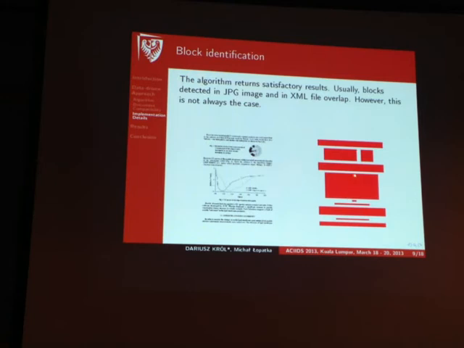Here, this is the block of the image, but unfortunately this label is also a separate block for this algorithm. This is one problem, because this is the label for the image and it is separated.